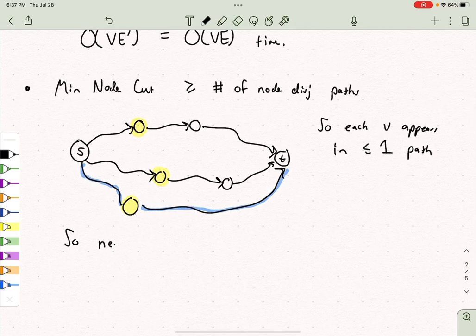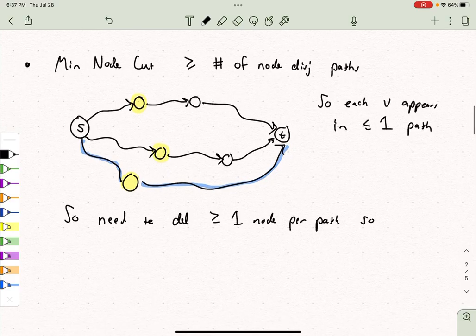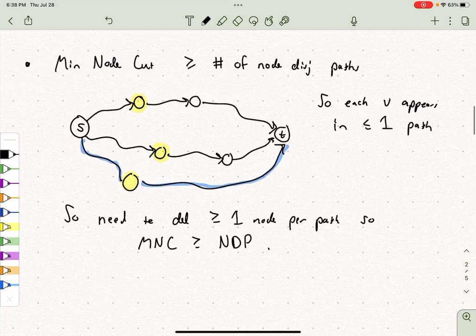So we need to delete at least one node per path. And so that proves the claim. The min node cut size is at least the number of node disjoint paths. So that proves the first part.